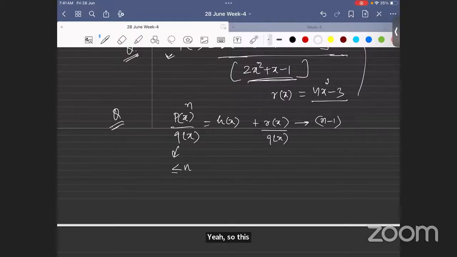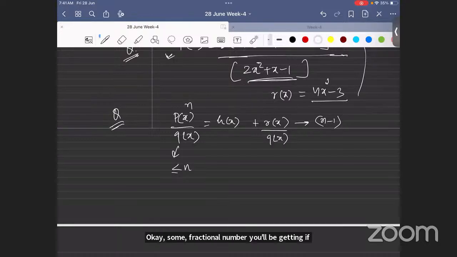Because if you have n and you put n plus 1, then you cannot get it again in the form of a natural number. You'll get some fractional number, like 1 upon 2, some p upon q form, if you take Qx with degree more than n.